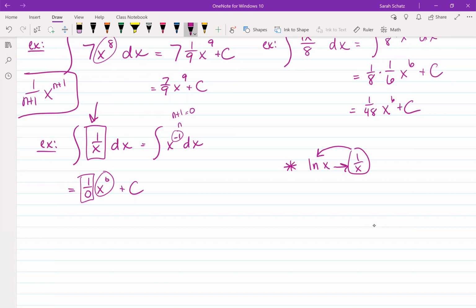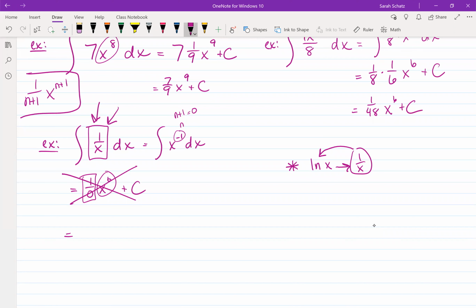The only thing is, when you're taking the derivative, they give you the natural log, and then you just know what the derivative is. You don't see the natural log here, but you have to know that when you take the antiderivative, that's what it's going to be. So instead I think, oh, okay, if my derivative is 1 over x, where did that come from?